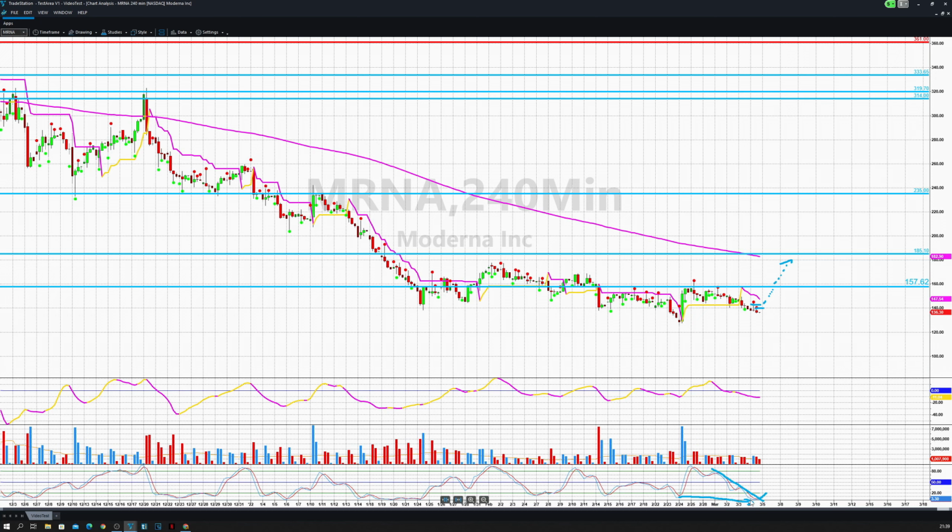But let's see how this divergence works. It should move higher, and let's see if it can create a long side momentum and move out all the short sellers and take out all the supply with a big demand.